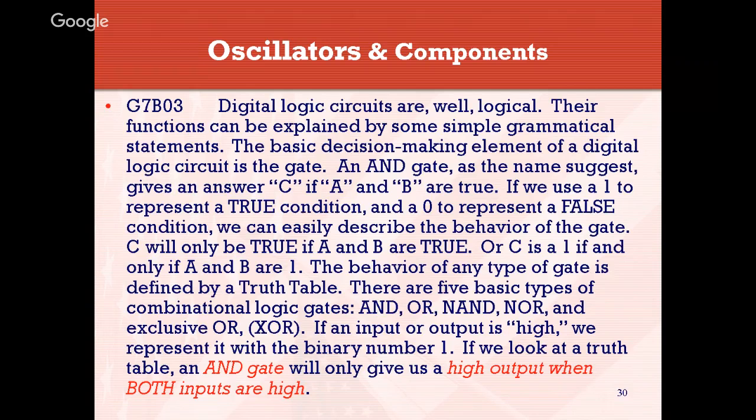Digital logic circuits can be explained by some simple grammatical statements. So there's some basic decision-making element of digital logic circuits. An AND gate, for instance, as the name suggests, gives an answer C if A and B are true.